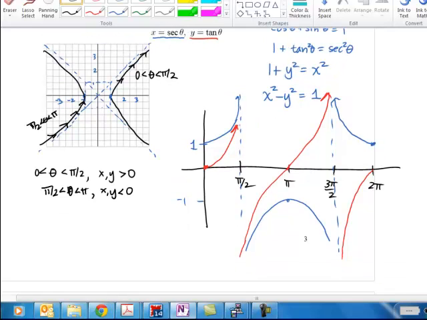Then, for theta between pi and 3 pi over 2, the x-coordinate is negative, that's the blue line, and the y-coordinate, which is the red line, is positive. So we're in this quadrant here. So that's for theta between pi and 3 pi over 2.